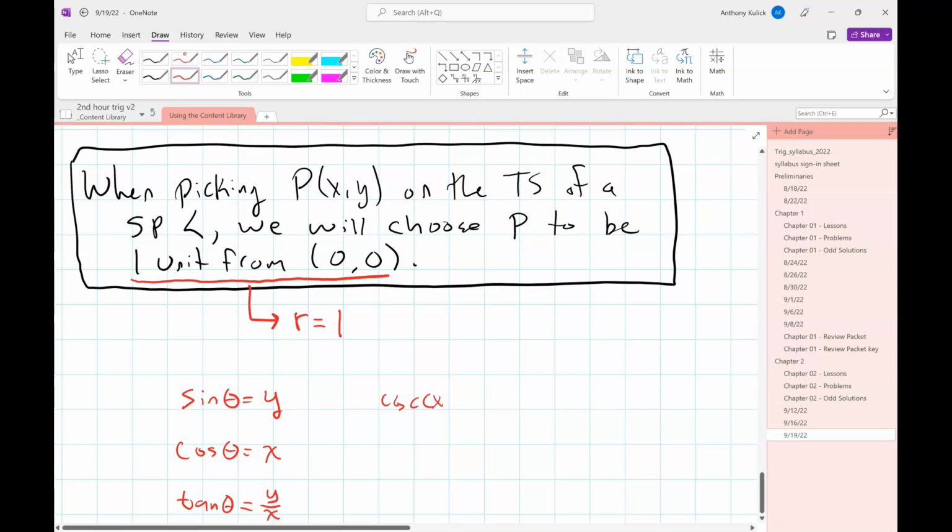Cosecant becomes 1 over y. Secant becomes 1 over x. And cotangent doesn't change. It's x over y.